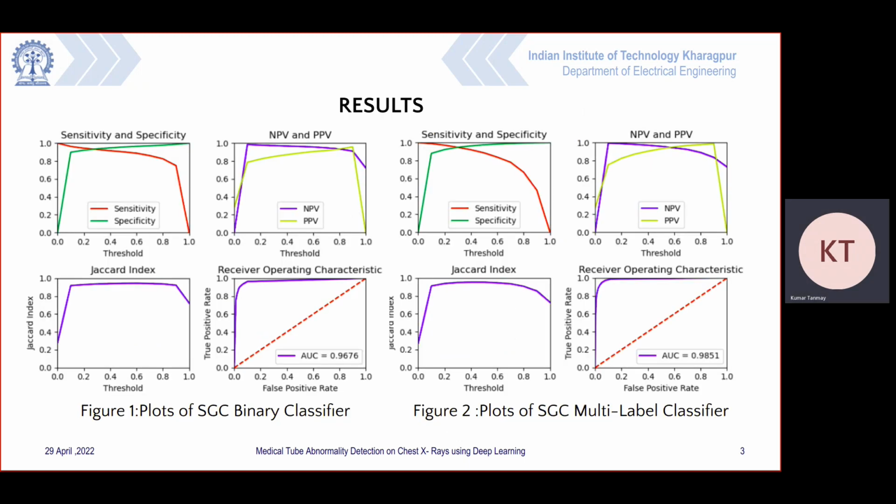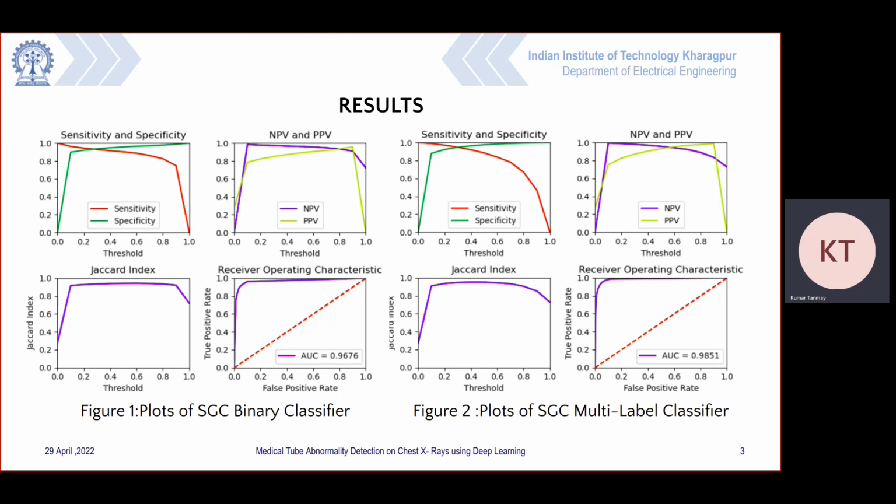In this slide, we can see the results and important plots for the Swan-Ganz catheters, binary and multi-label classifiers having SemNASnet 050 as a CNN backbone. The area under the curve of the receiver operating characteristics graph is a useful metric to evaluate the performances of the classifier models. Other metrics like sensitivity, specificity, negative predictive values, positive predictive values, and J-fit index graph plotted against various threshold values help to judge the model performances effectively.